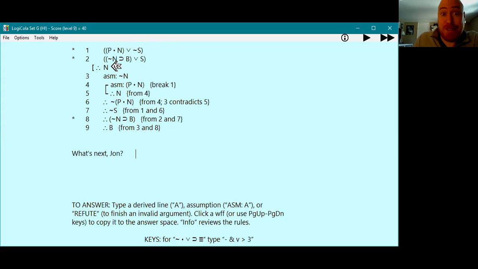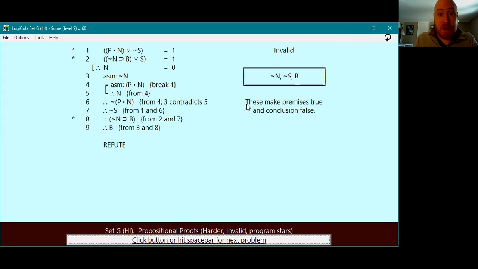My conclusion is just N, and my assumption is not N. I don't have anything that contradicts that, all right? So my assumption can be true while the conclusion is false. So I've got true, true, false. So I've got enough to refute. So the values of not N, not S, and B. This is enough to make this argument invalid.